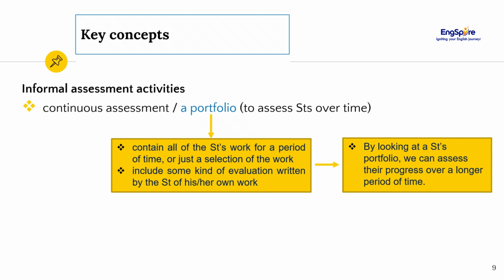The same student writes a well-organized essay with very few errors by December. Looking at this, we can assume that a single test might only show the student's current level, but a portfolio clearly shows the student's progress from September to December.